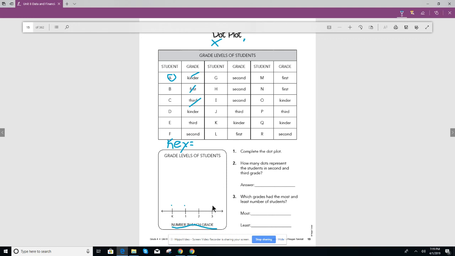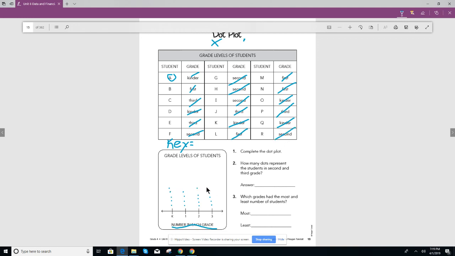A third grader, a kindergartner, a third grader, a second grader, a second grader, a second grader, a second grader, a third grader, a kindergartner, a first grader, a first grader, a first grader, a kindergartner, a third grader, a kindergartner, and a second grader.